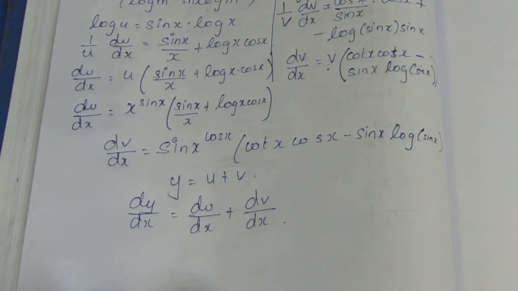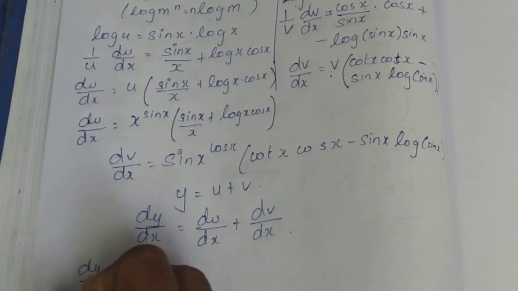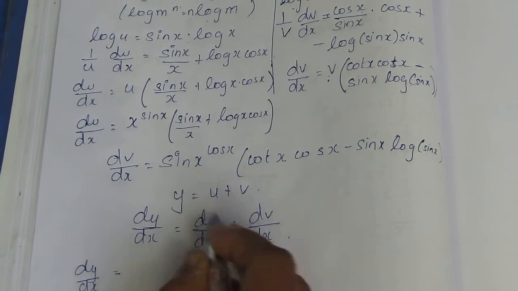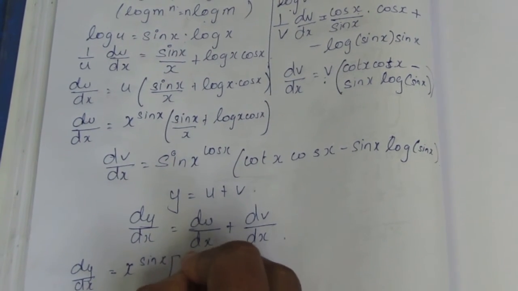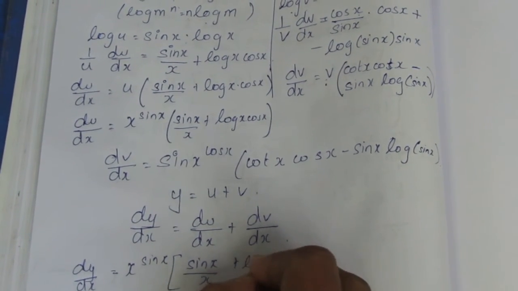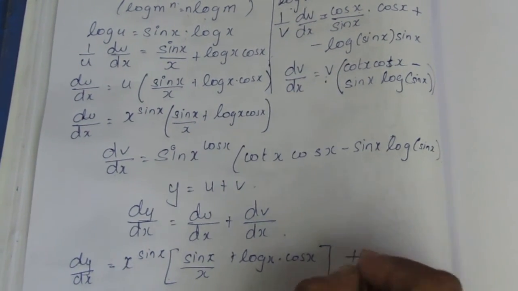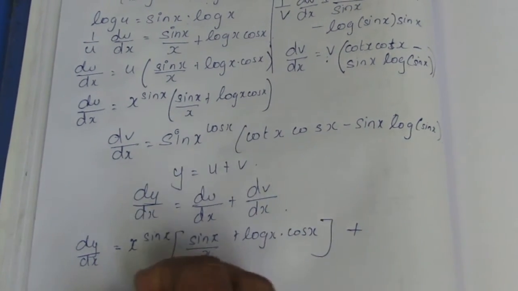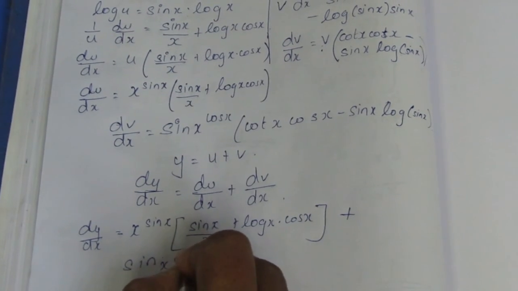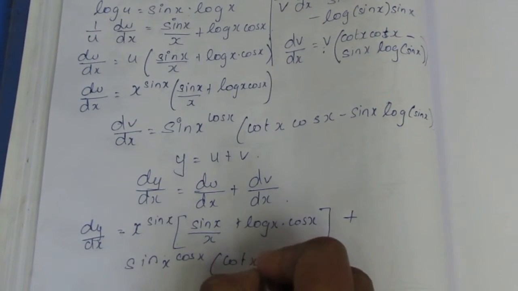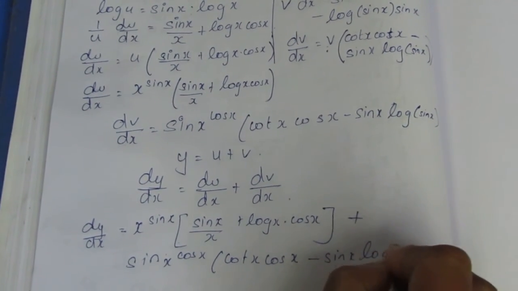It becomes dy by dx is equal to x power sin x into sin x by x plus log x into cos x, plus sin x power cos x into cot x cos x minus sin x log sin x.